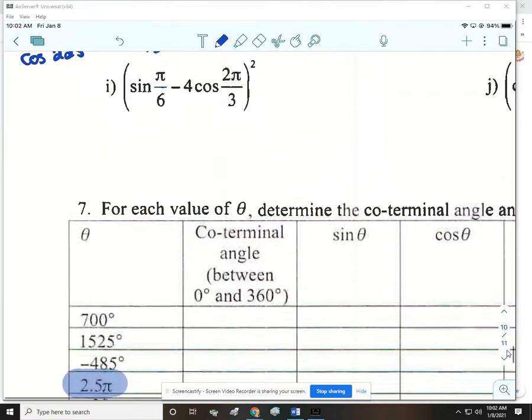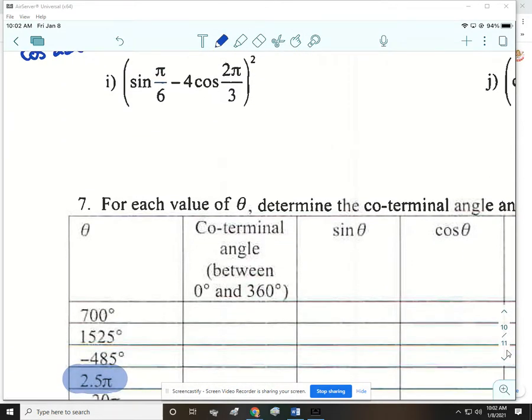All right, one more. So for I, we have the sine of pi over 6 and the cosine of 2 pi over 3. Now, I don't really want to try to do this with radians, so I'm going to change these radians to degrees.